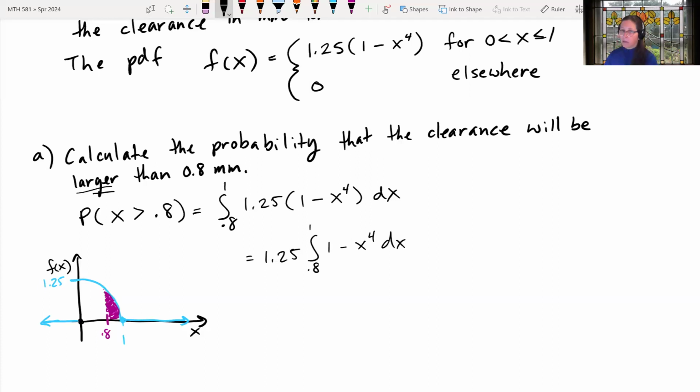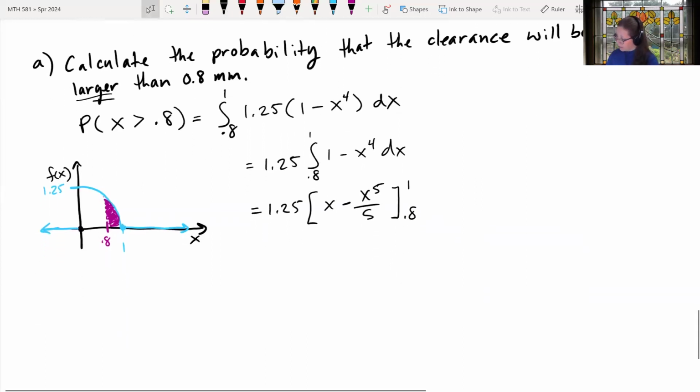That would be equal to 1.25 times, the 1 here becomes x, x to the fourth becomes x to the fifth over 5, and we're evaluating that from 0.8 to 1.